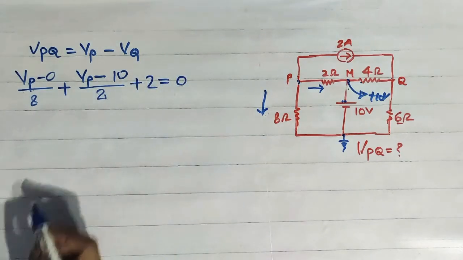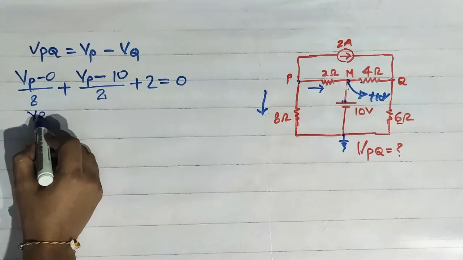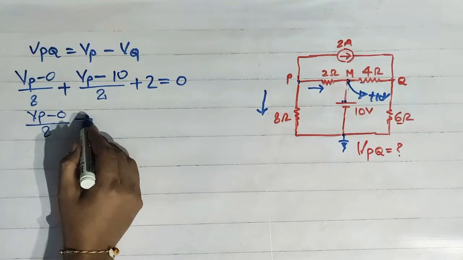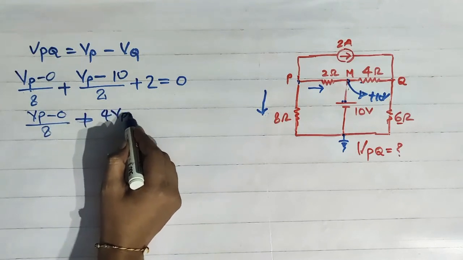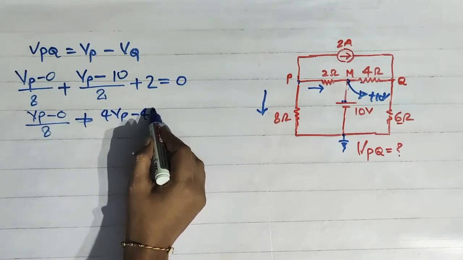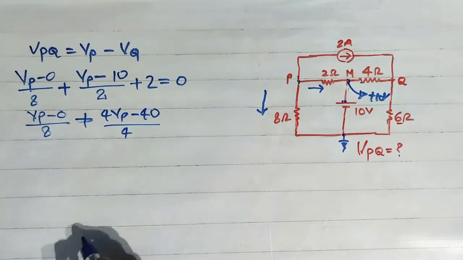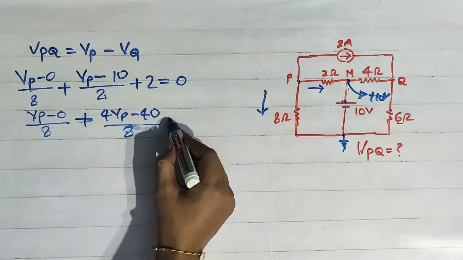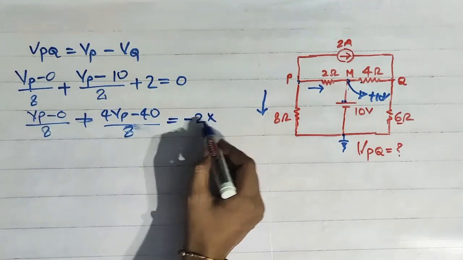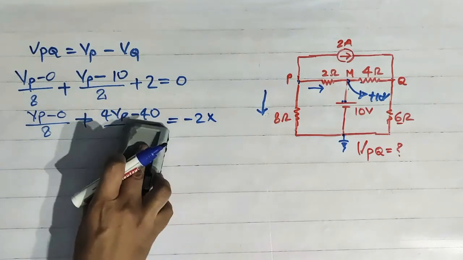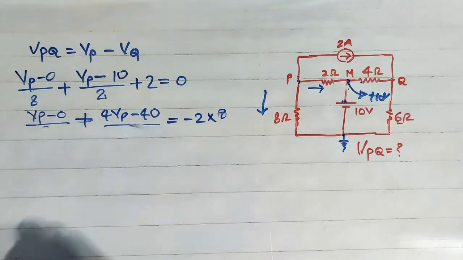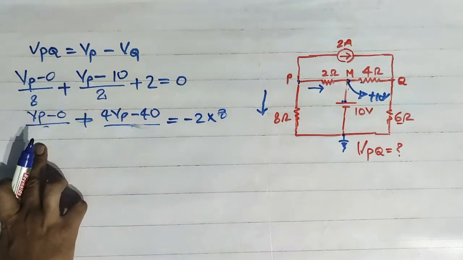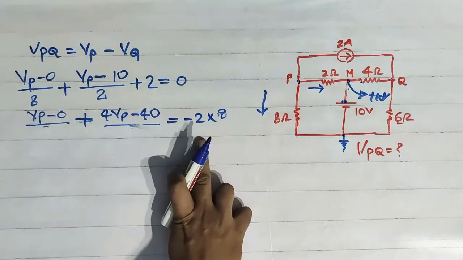So on solving this we get (VP minus 0) by 8 plus (VP minus 10) by 2 plus 2 equals 0. Taking the LCM, we get VP plus 4VP minus 40 equals minus 2 into 8, which is minus 16.